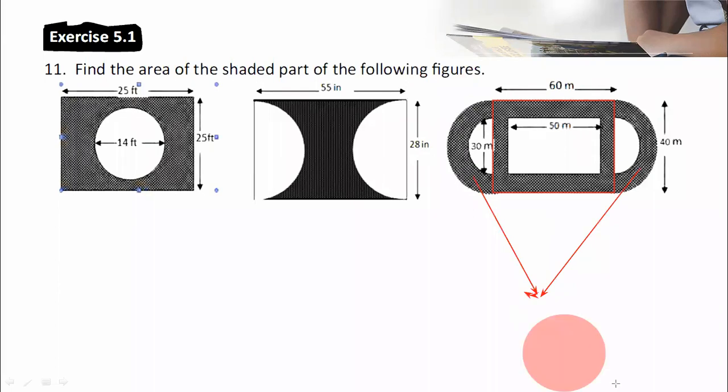A circle, and inside this there is another circle. Let me make a different shadow. Then it will be easy.